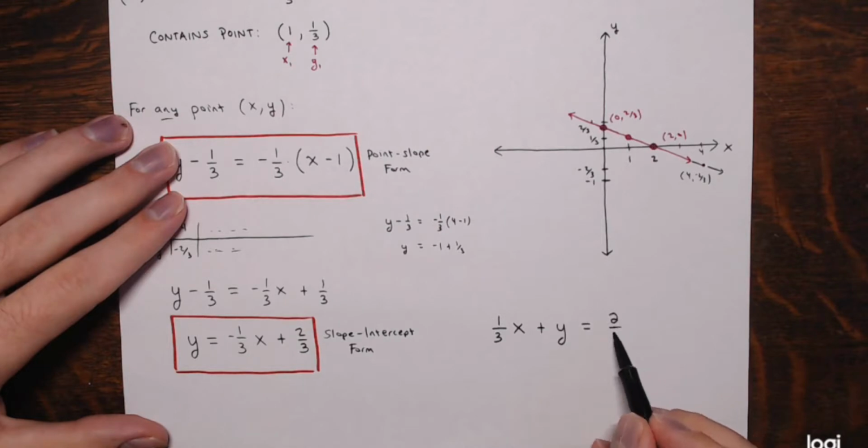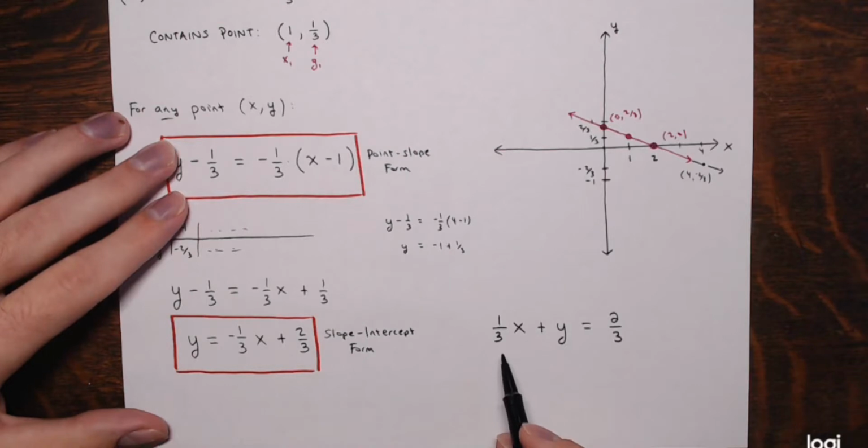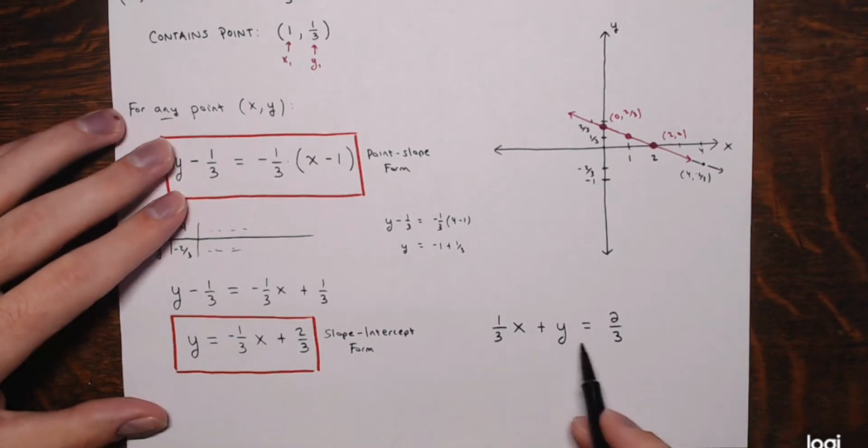Positive 2/3 would still be on the right side. And this is in standard form, normally. But like I said, in this particular text, the authors want the coefficients to be integers if possible. So right now I got some fractions here.